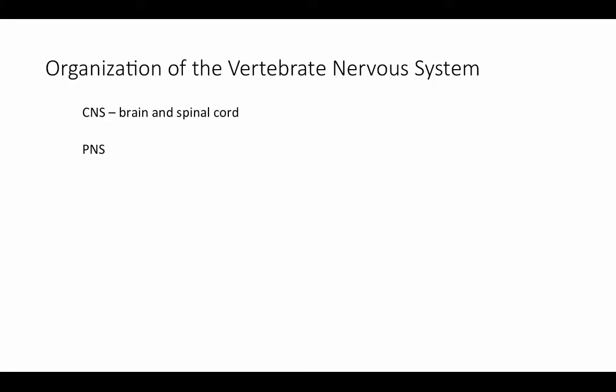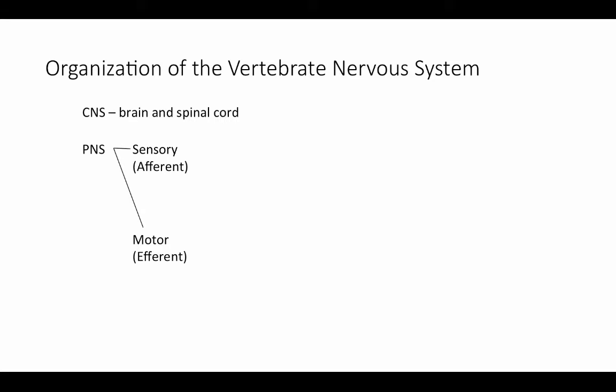Now let's take a look at how the vertebrate nervous system is organized. The central nervous system and the peripheral nervous system are the two major divisions of the vertebrate nervous system. The central nervous system, or CNS, consists of the brain and spinal cord. The peripheral nervous system, or PNS, can be divided into two subsections.